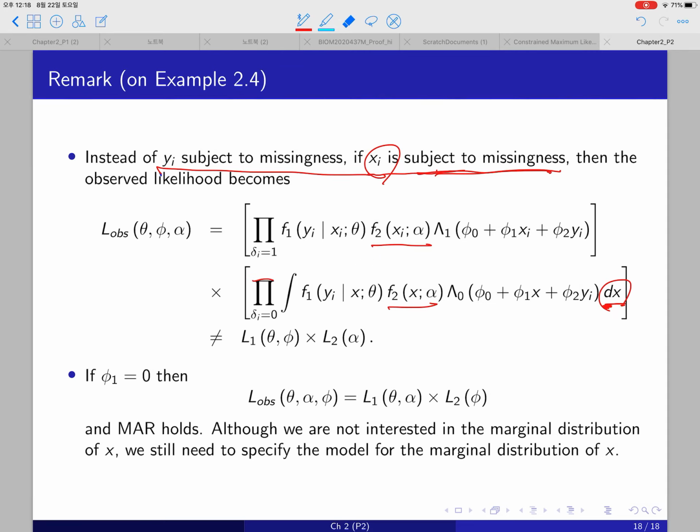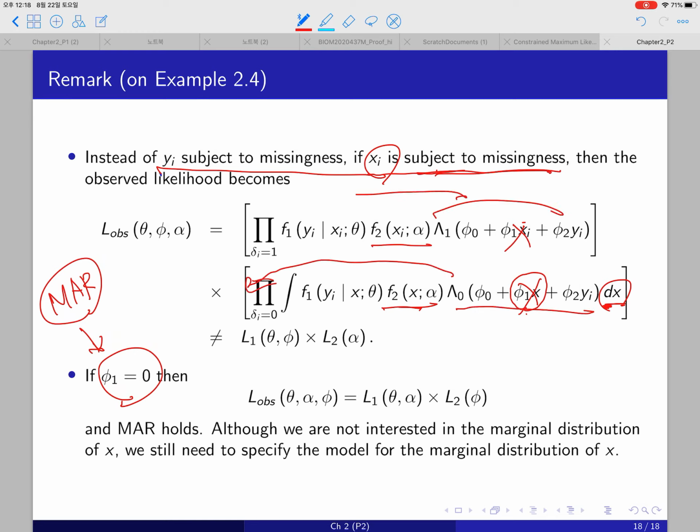It cannot go outside of the integration. But under missing at random, because x is subject to missing, missing at random means that the missingness does not depend on x. So this part can go outside. But then what's left is this part.